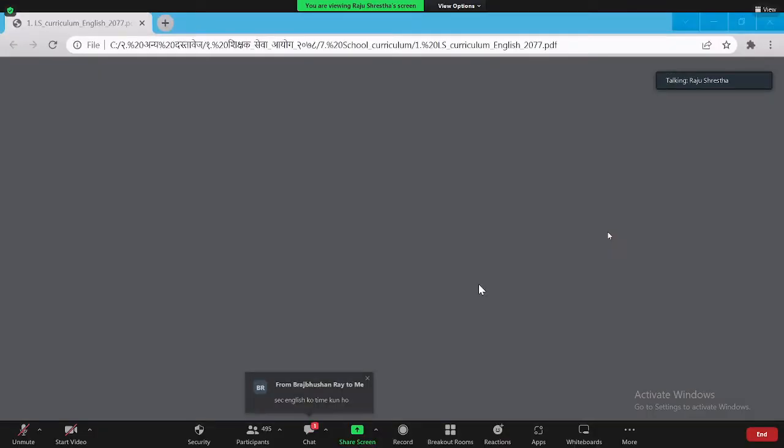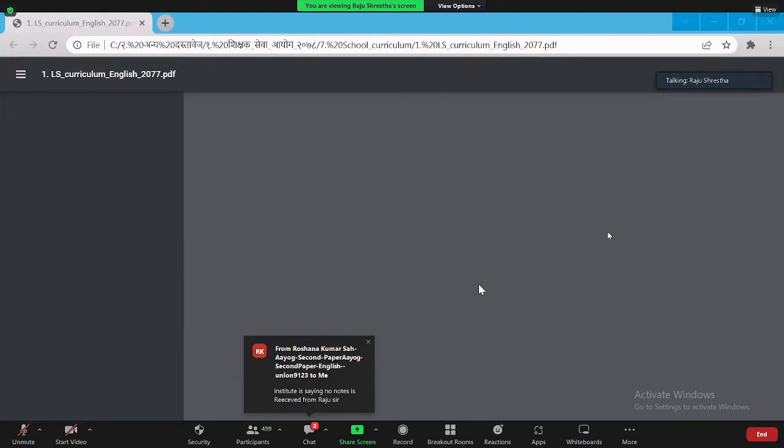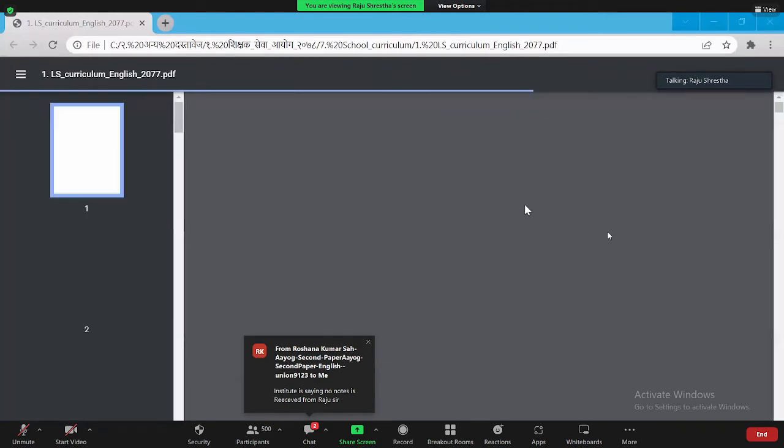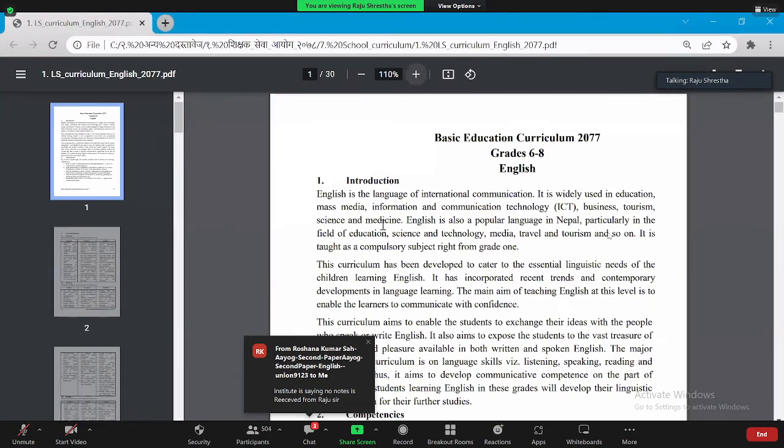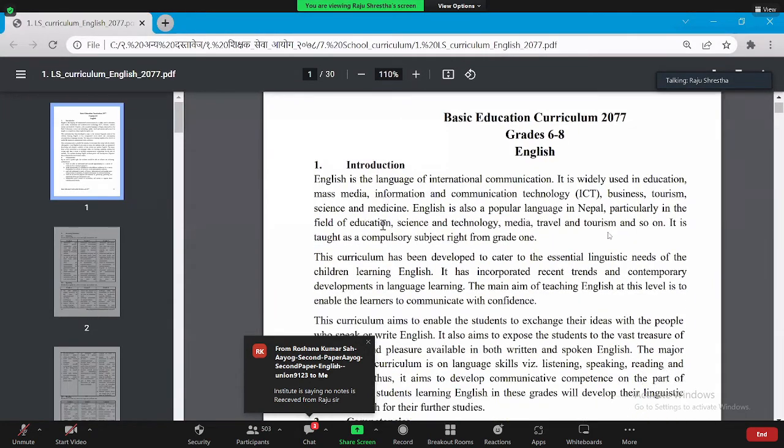Yes, this is the school level lower secondary English curriculum, and in this curriculum, soft skills are not clearly presented. They are present, but hidden.